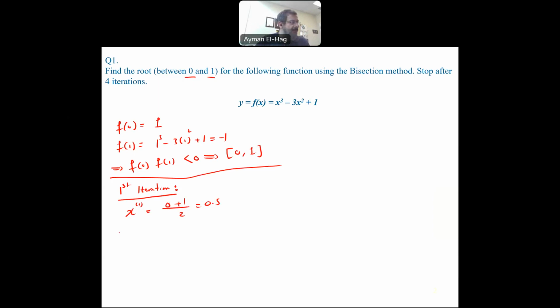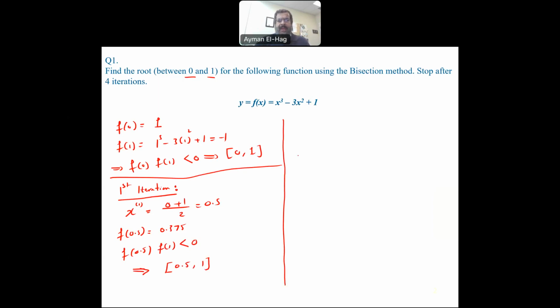So we need to find f of 0.5, which is equal to 0.375. So it's a positive value. So indeed, f of 0.5 times f of 1 is less than 0. And hence, your new answer will be between 0.5 and 1.